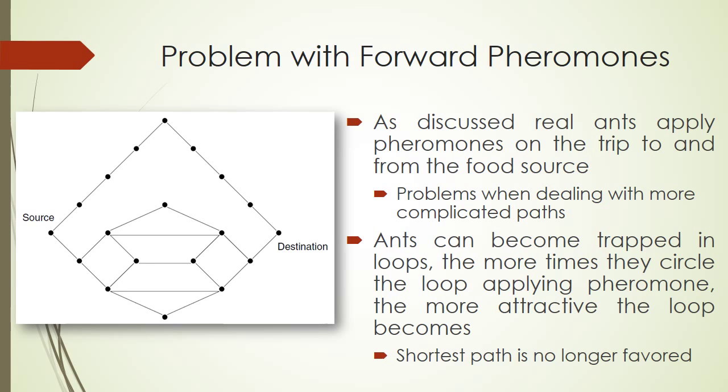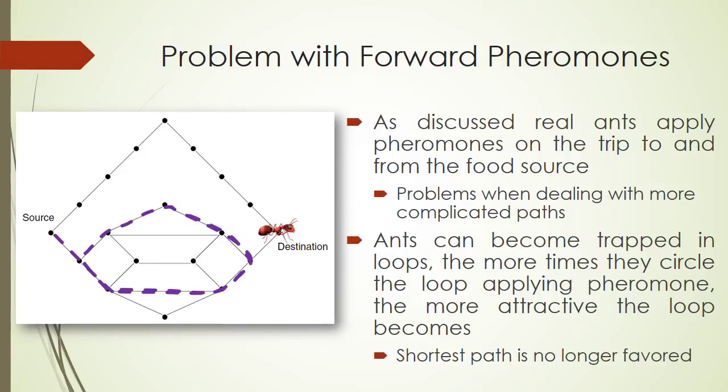Specifically, ants can become trapped in loops that they create. So we imagine an ant setting off on this advanced double bridge, and if it gets caught in a loop, as it circles around the loop, applying pheromone, the loop will become increasingly attractive. And the more it circles around the loop, the more attractive the loop becomes.